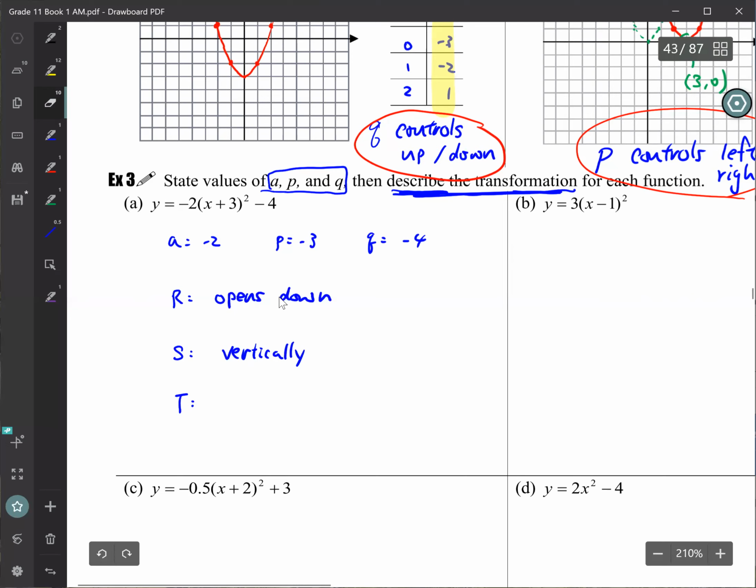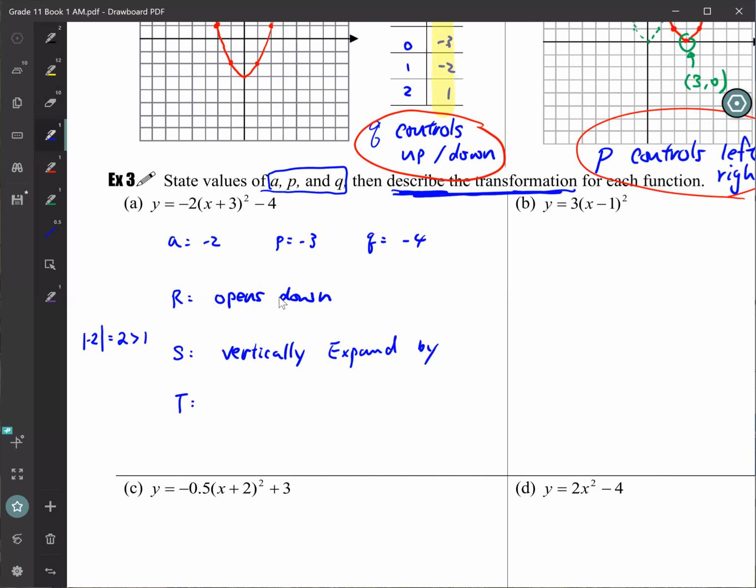So remember absolute value, you can put it on the side. Absolute value of -2 means you ignore the negative, so it'll be 2. So you look at the 2, 2 is bigger than 1, so that's why it's vertically expand. And expand by what? Colin, should we expand by what?